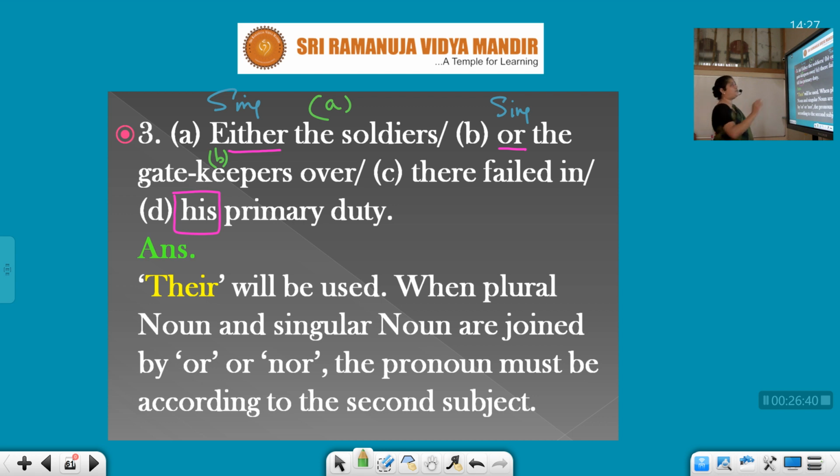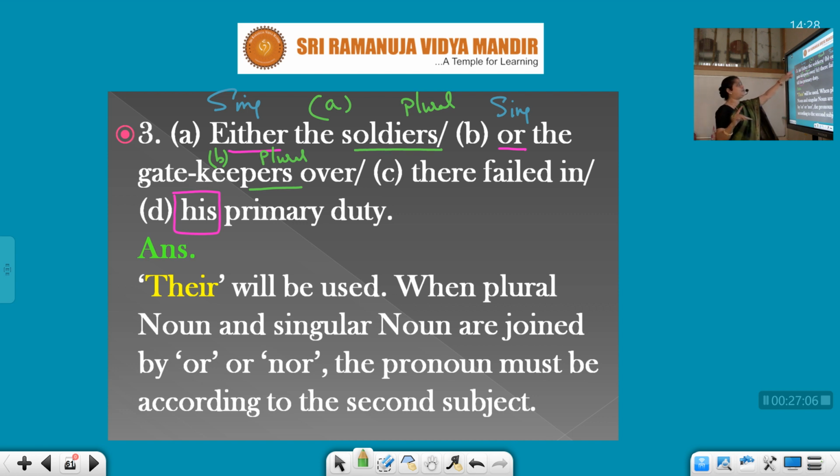Now can you look into the question carefully, students? Soldiers, plural. Gatekeepers, plural. You are selecting only one, either A or B. But A is also plural, B is also plural.